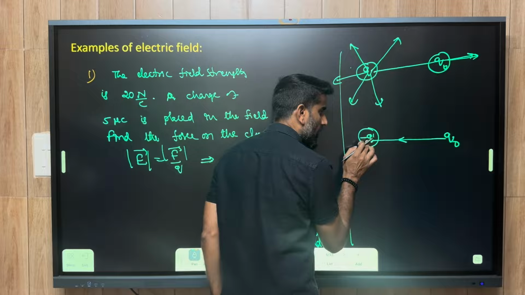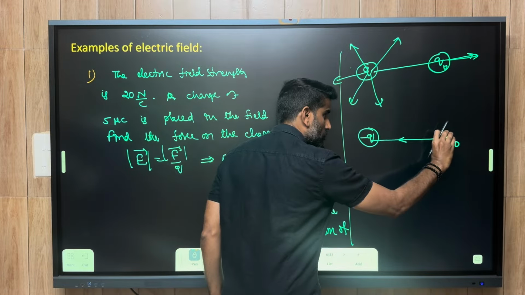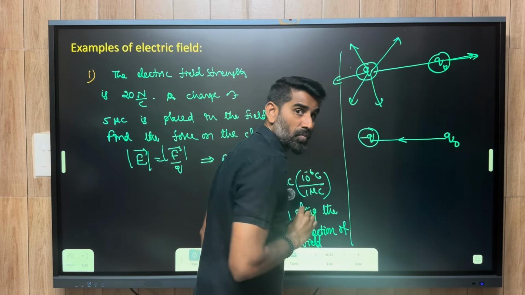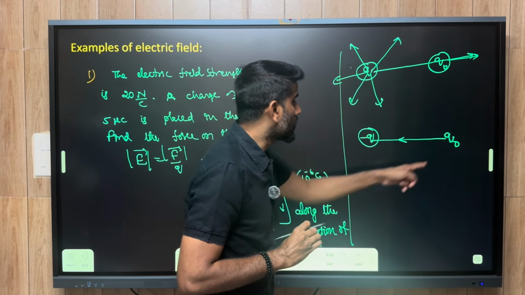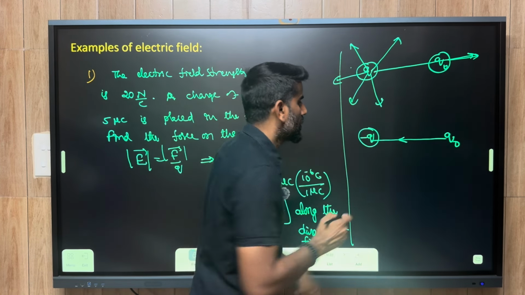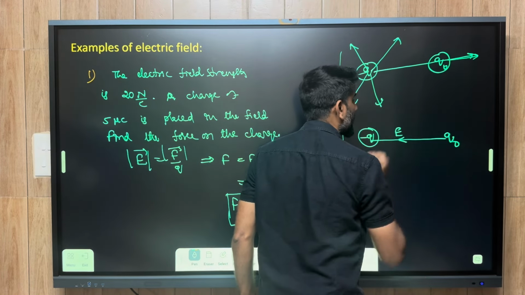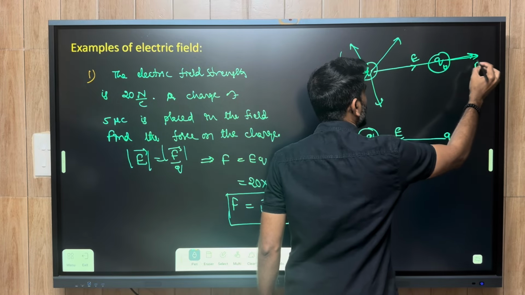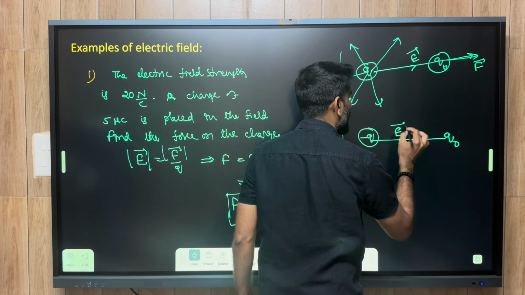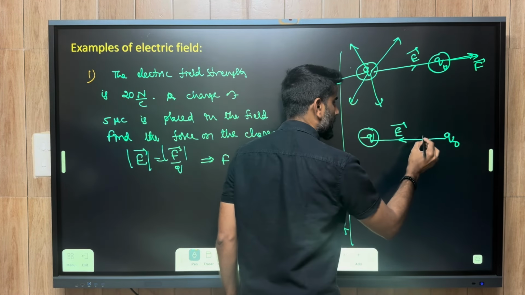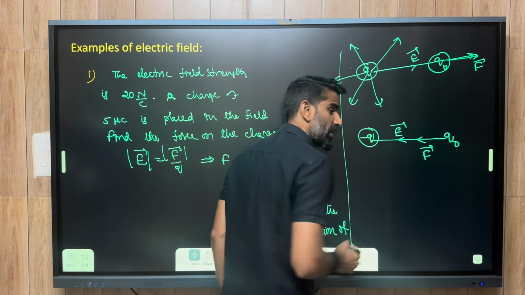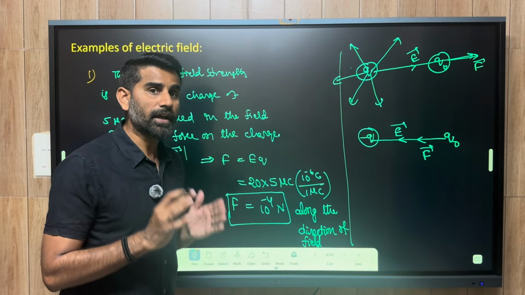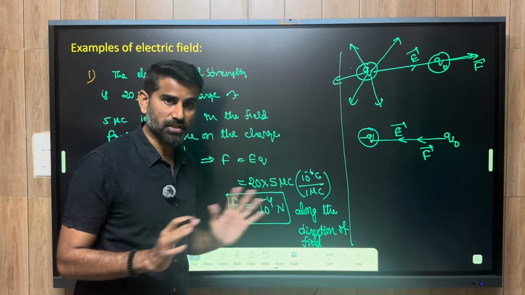As the field is in this direction, this minus Q charge attracts this Q0 charge, right? I am representing the electric field direction and electric force direction as well. The electric field direction is this one, and the electric force is also in the same direction, as long as you are using the positive test charge.